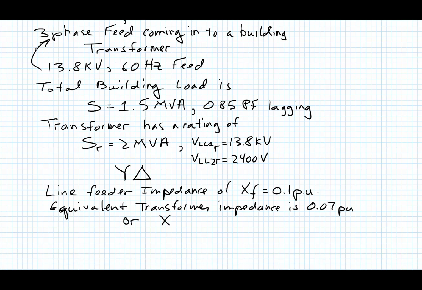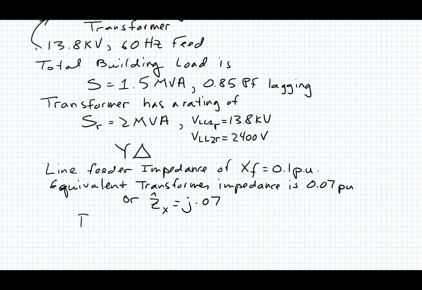We'll call it Z, and it's reactive, so we'll say Z X equals J 0.07, and we'll say this is all based on the primary side transformer ratings.